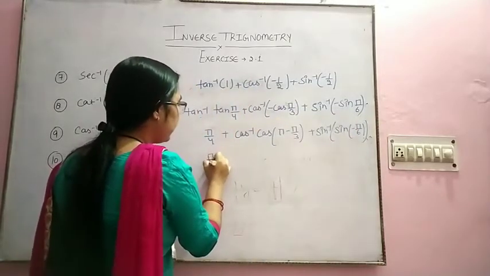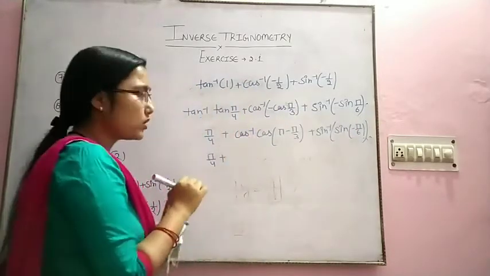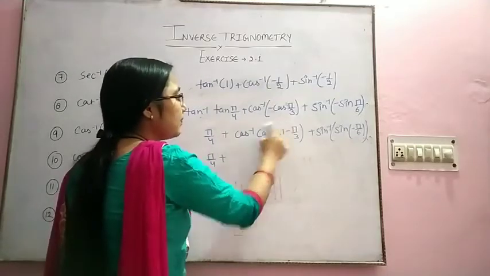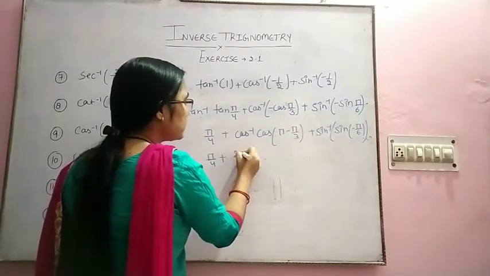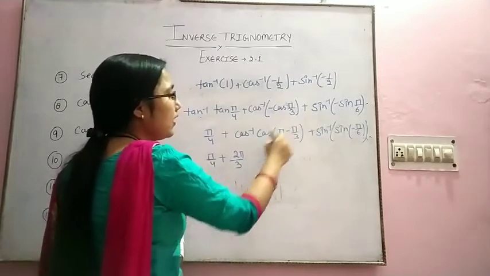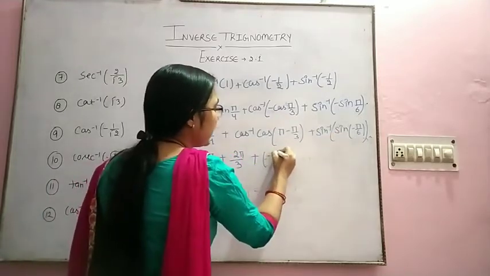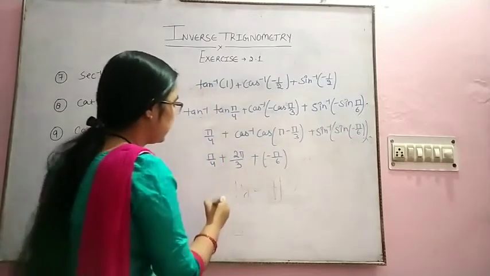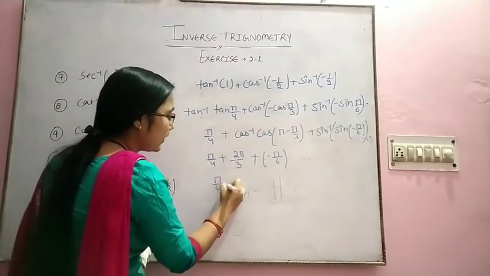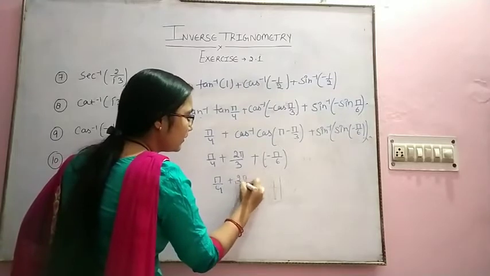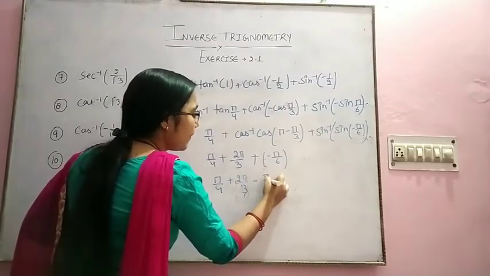So this is pi by 4 plus, cos inverse and cos will be cancelled out. We get 3 pi minus pi, this is 2 pi by 3, and plus minus pi by 6.